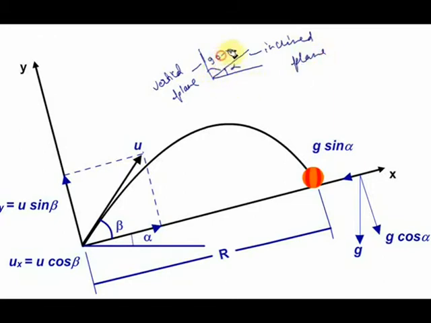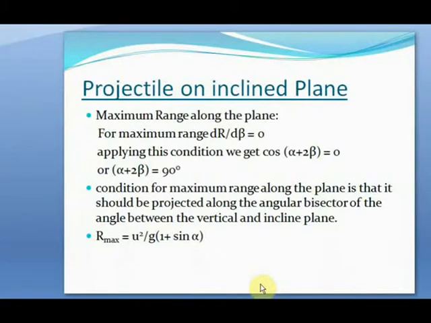So this angle is nothing but 90 minus alpha, and the value of beta is 90 minus alpha by 2. So the angle of projection should be the angular bisector of the angle made between vertical plane and inclined plane.